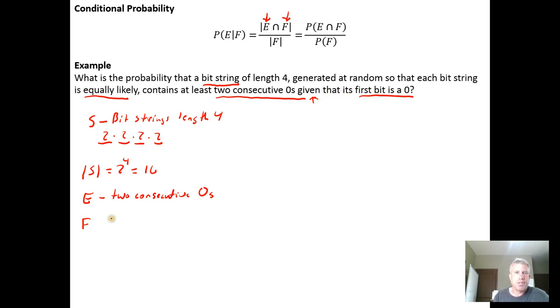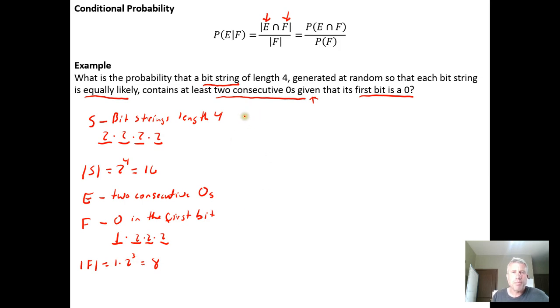The first bit is 0. So if a 0 has happened here, then there's only one thing that can happen there, but there are still two choices for each of the other 3 bits. So the size of F turns out to be 1 times 2 cubed, which is just 8.